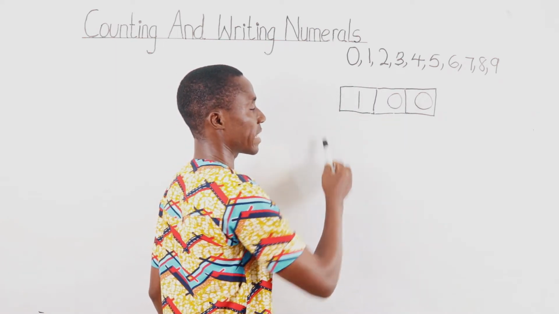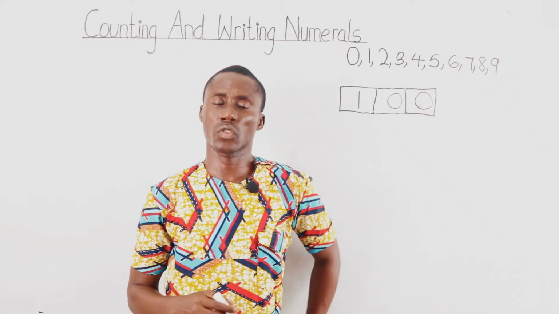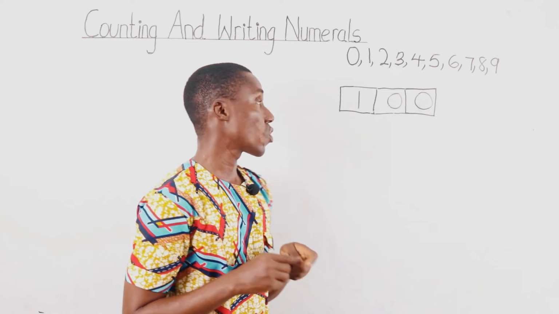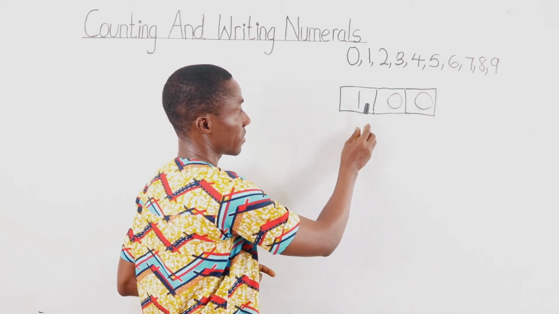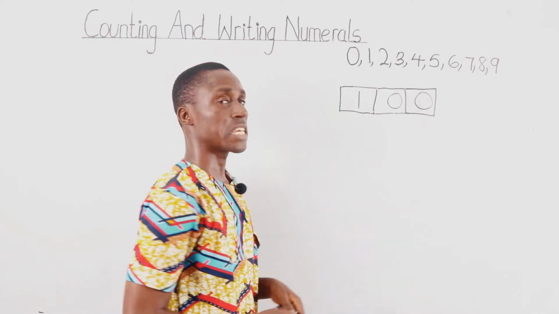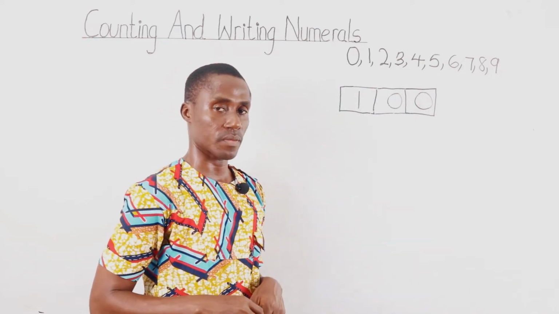Now, when we come to this new number place, we are using it to count groups of hundreds. And so when we see 1 in this number place, it actually means 100.